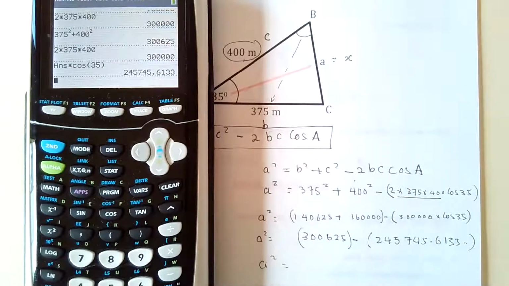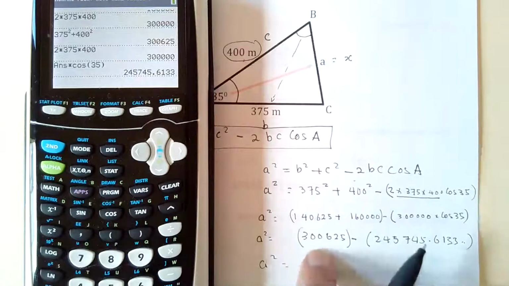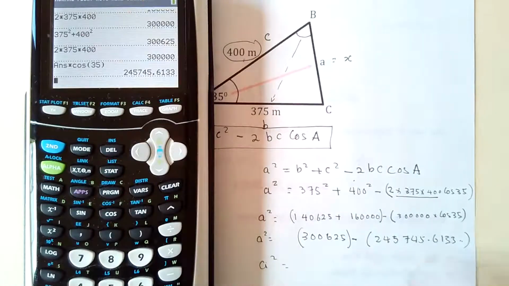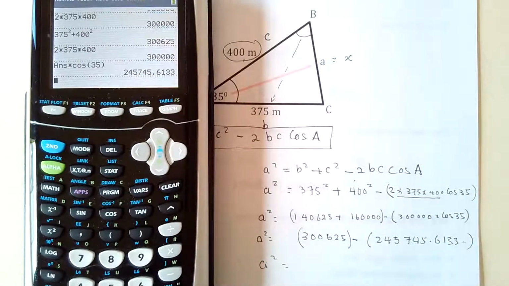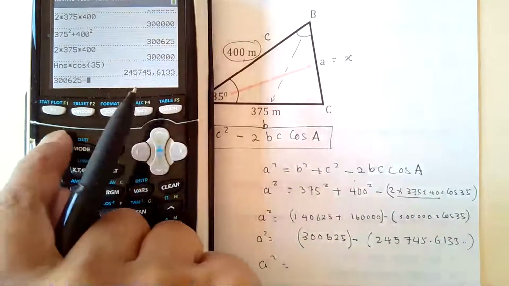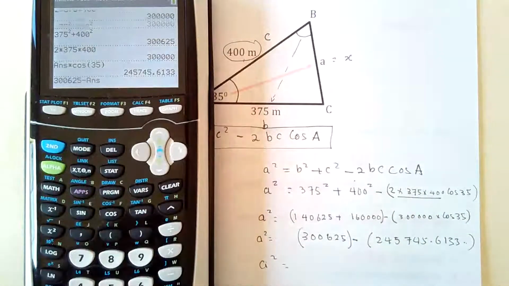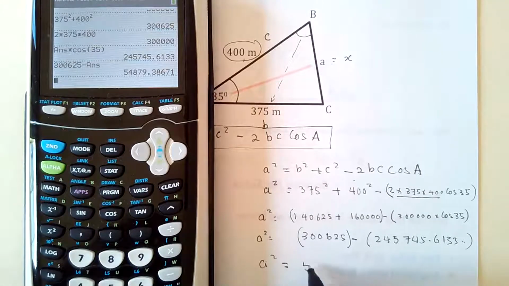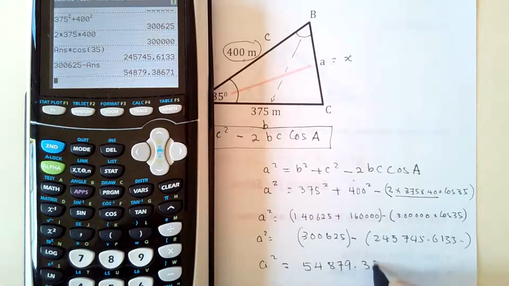I will simplify the right side. That will give me 300,000. So we have this huge number here. 625 minus 54,879.386.